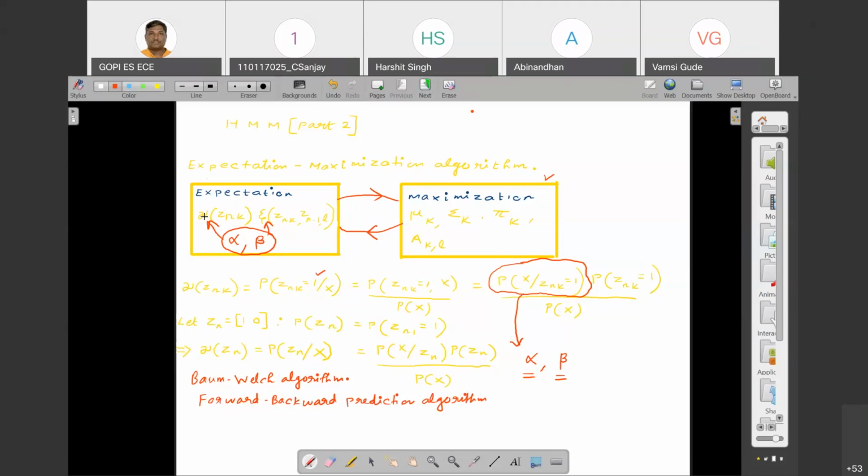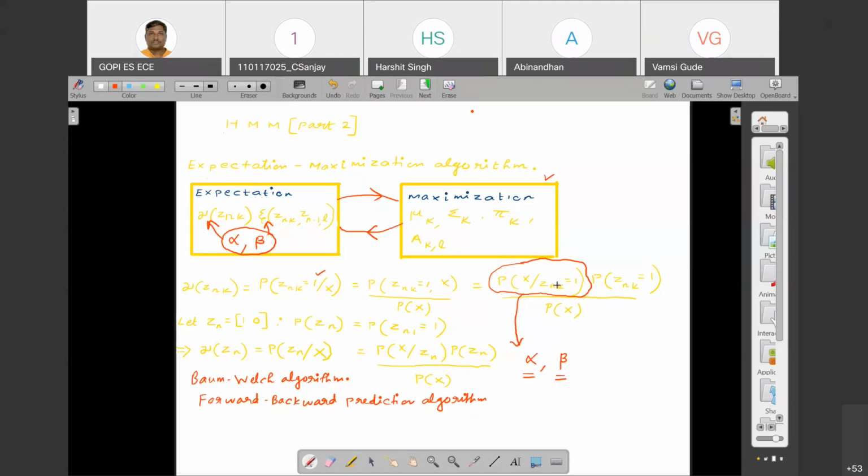You have this gamma and zeta that give you this mu k, sigma k, pi k, akl using this expectation maximization algorithm. Within that expectation stage itself, for getting gamma and zeta, we are introducing another two variables called alpha and beta. That actually describes this probability of X given Znk equal to 1.